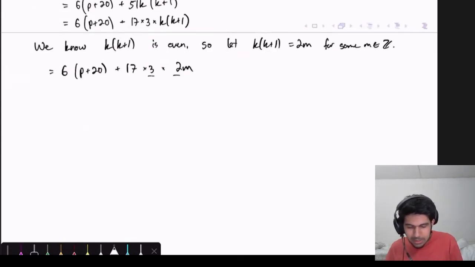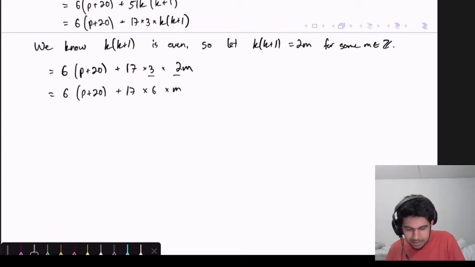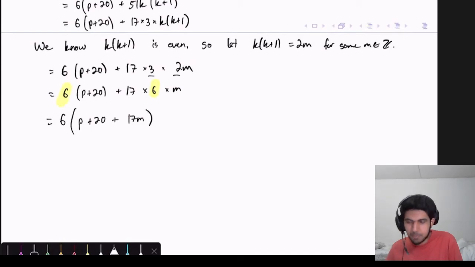And now we can start to see what's going to happen here. This is 6 times p plus 20, plus 17 times 6 times m. And now we can factor out a 6 from both of these terms. 6 times p plus 20 plus 17m.